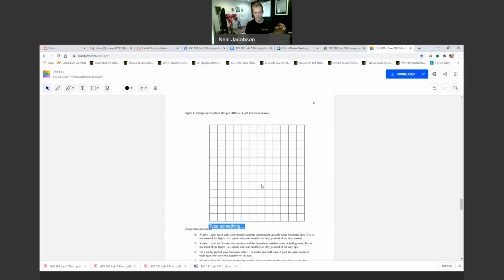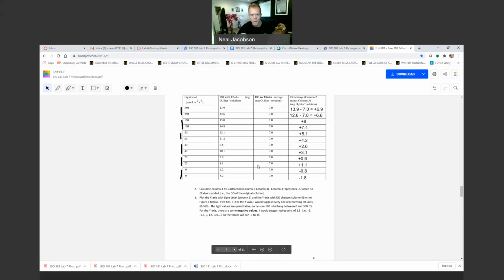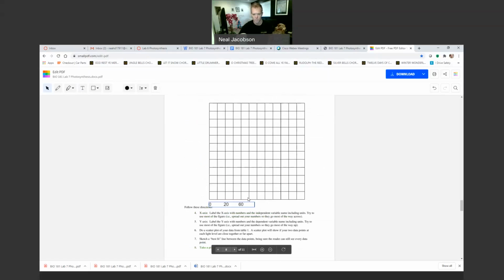So if you're going to do it on here, you can take this from 0, and then I think we had 20, and then I think we had like 60, and you can put your axis labels here. What I want to do though is give myself enough space, so I think I'll go 0, 20 on this second one, and then 60. I'll make sure I'm doing the right intervals. 20, 40, that should be 40. 20, 40.